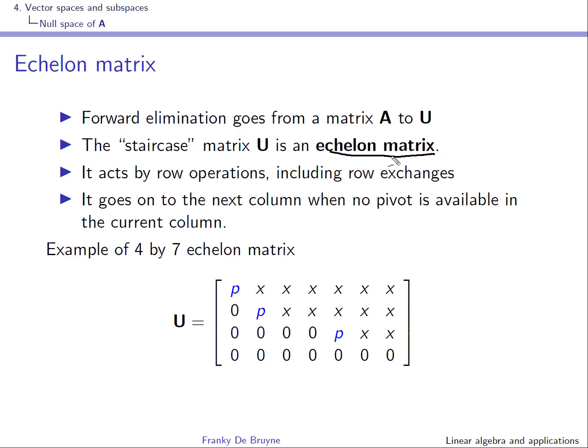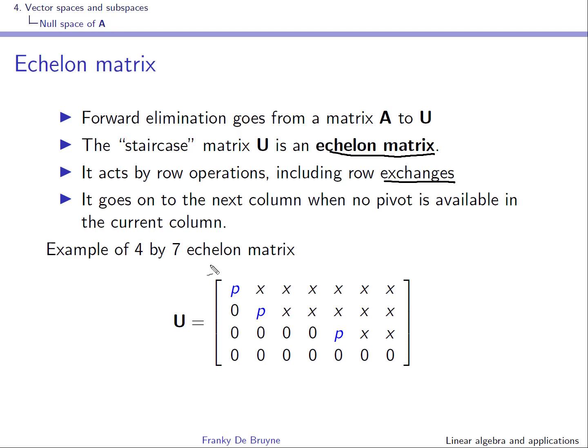It's actually the generalization of the upper triangular matrix when you go from a square matrix to a rectangular matrix. It acts by row operations and row exchanges are allowed, and it goes on to the next column when no pivot is available in the current row.